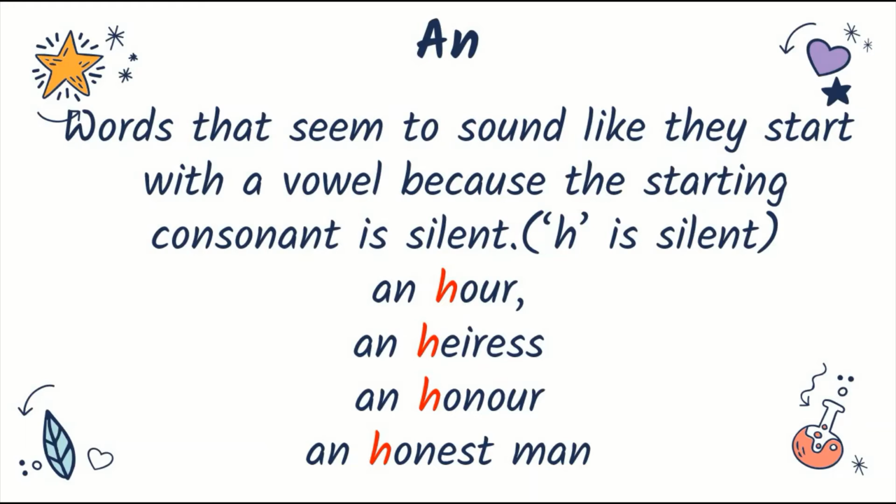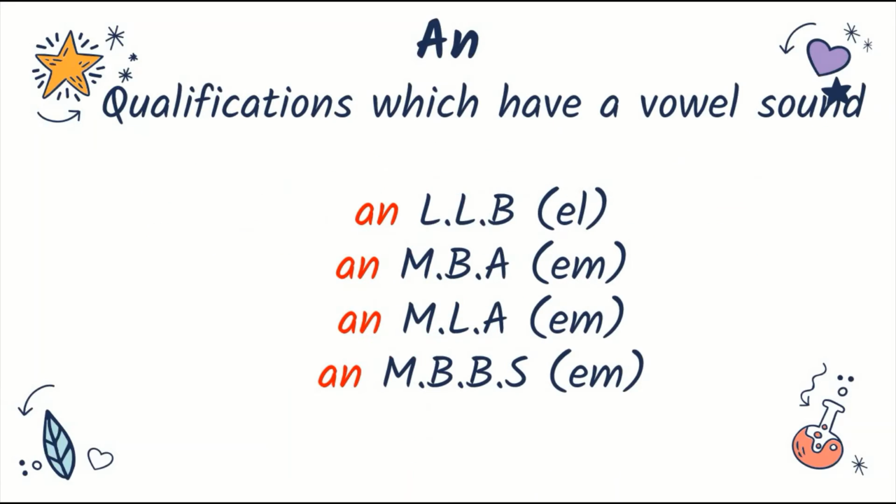Therefore, it sounds like it starts with an O. We use an before it. Likewise, an heiress, an honor, an honest man. We also use an for abbreviations of qualifications that start with the vowel sound, like an LLB, an MBA, an MLA, and so on.